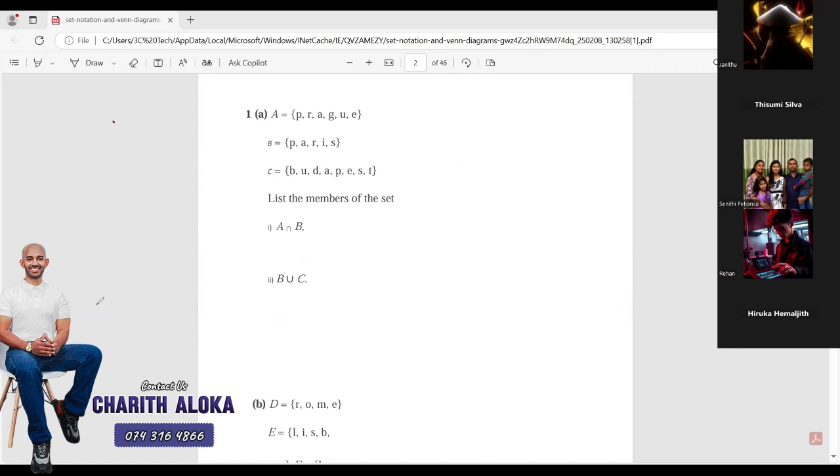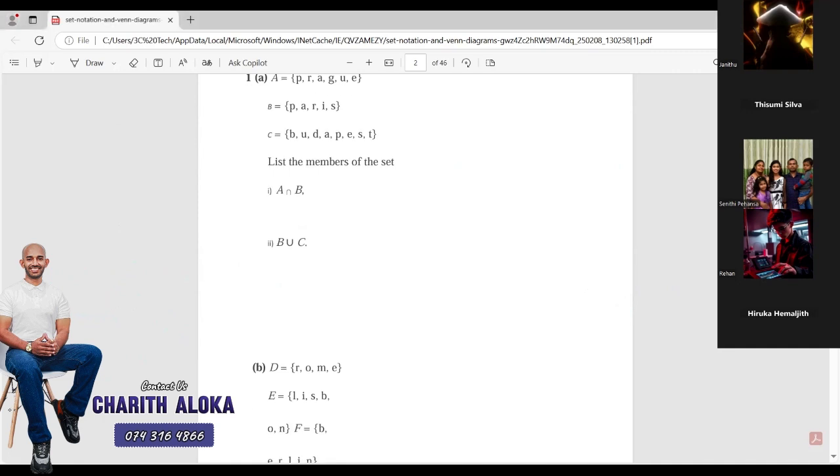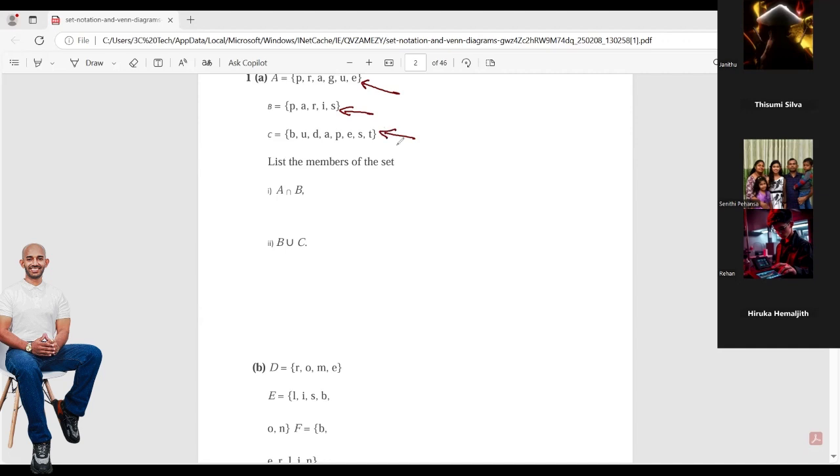The first one, they have given some elements, three sets A, B, C. The set A contains P, R, H, U, E. Set A also P, R, A, D, U, E. B contains P, R, I, S. And set C contains B, U, D, A, P, E, S, T. Right?